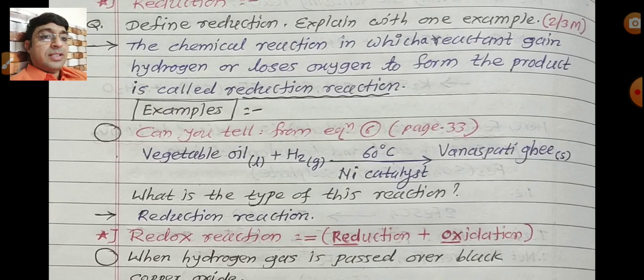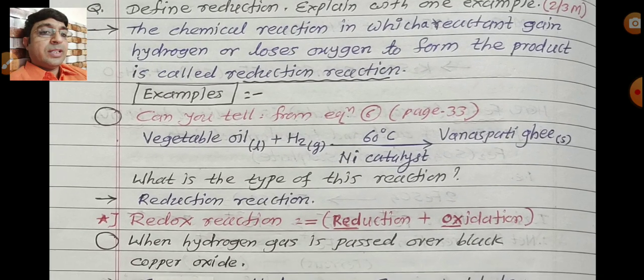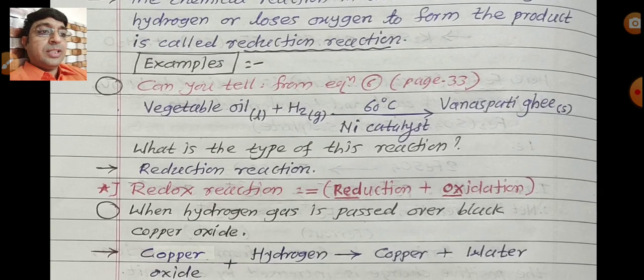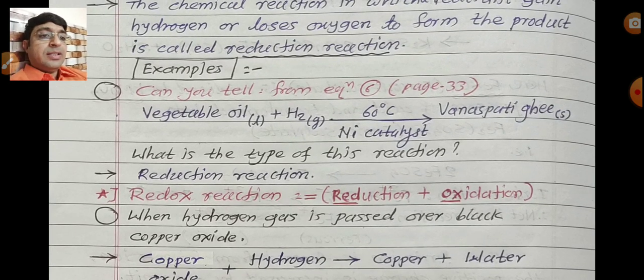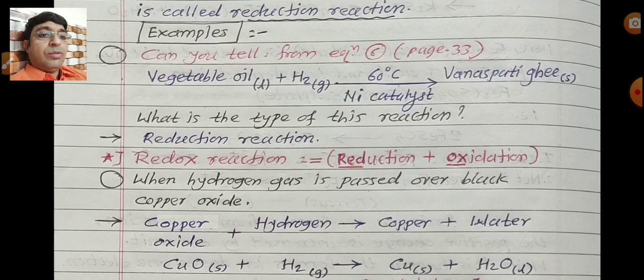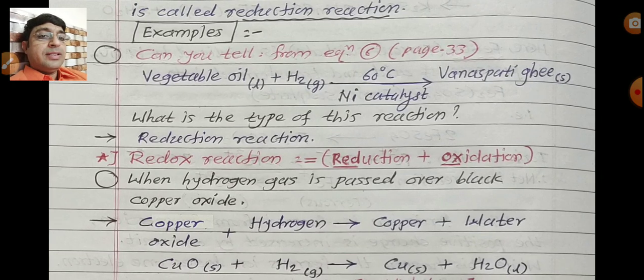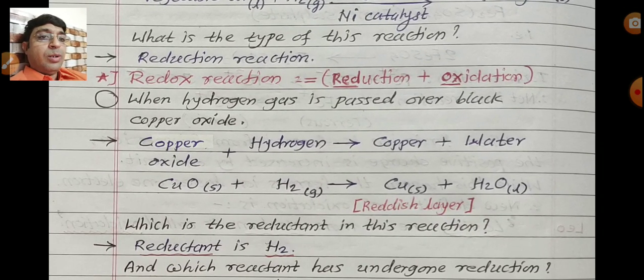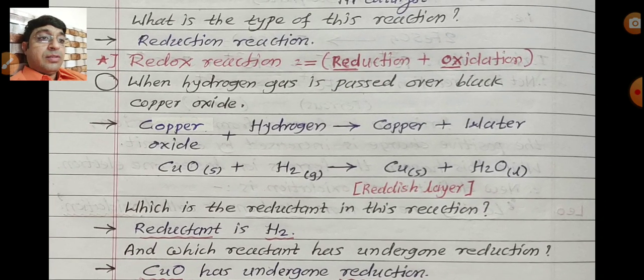In that reaction, vegetable oil is converted into vanaspati ghee in the presence of nickel catalyst and temperature condition is also maintained. So what is the type of this reaction? This is a reduction reaction. So redox means reduction plus oxidation. The question is asked for 2 marks in this way.